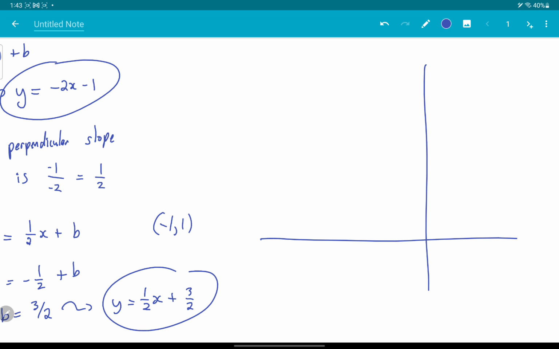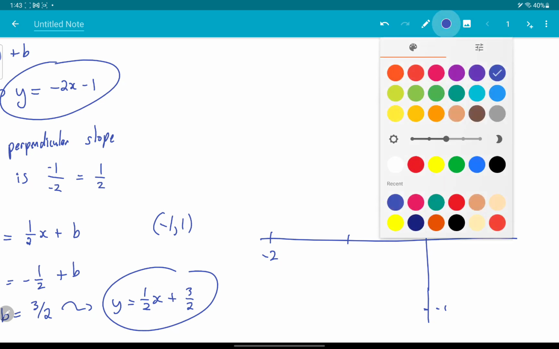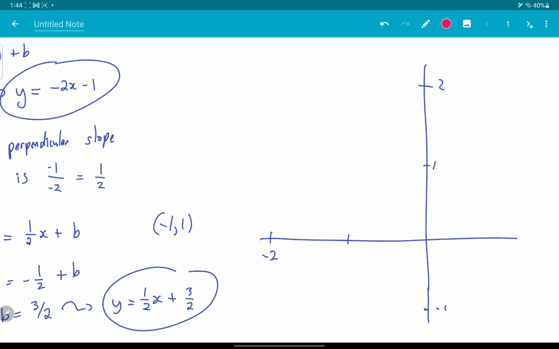I need maybe 2 up here would be sufficient. Yeah, I think so. That means 1's here, and -1 is here. Now the point in question was -1, 1, which is right about here.